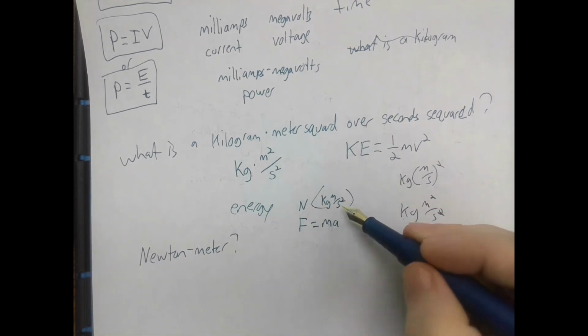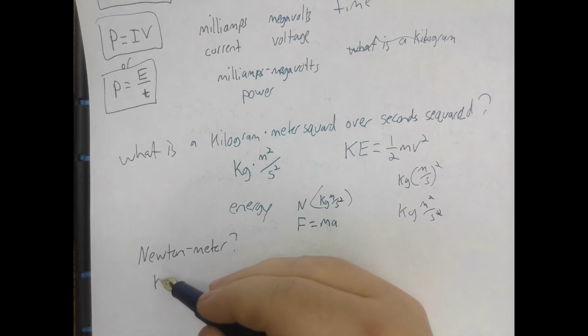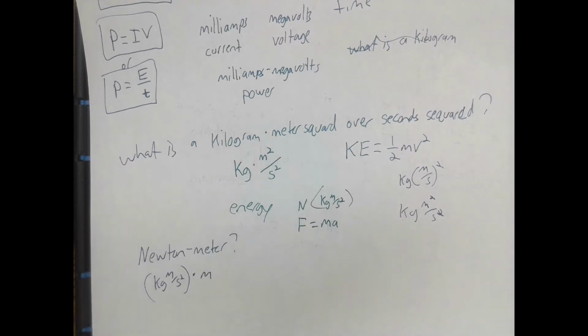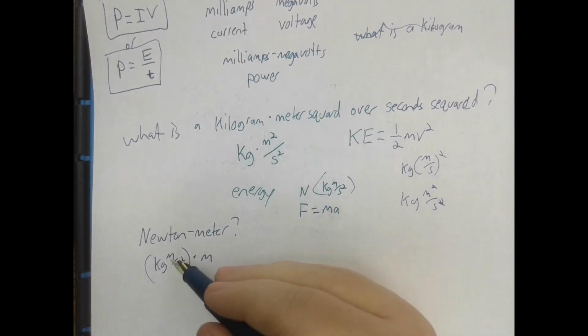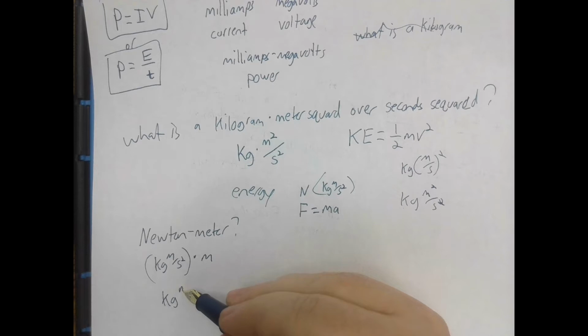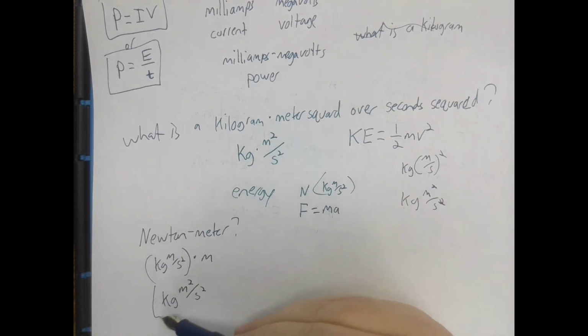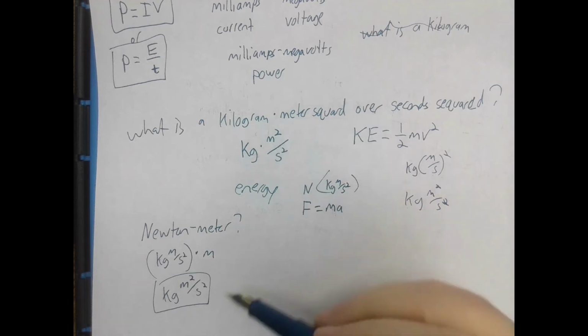Let's plug this in for Newton. We have a kilogram times meters per second squared, and this whole thing is being multiplied by another meter. Meter times meter is meter squared over second squared. Same thing we had right here, it's still energy.